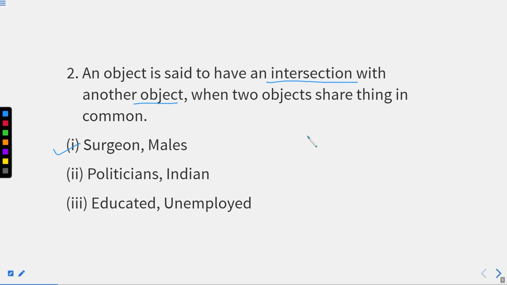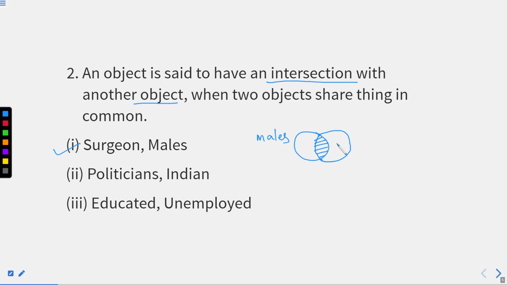So if I use this circle to represent males, don't you believe there are a few males who are surgeons as well? Let's say only this particular shaded part that I am using right now is those males who are surgeons as well, and there are a few females who are surgeons also.